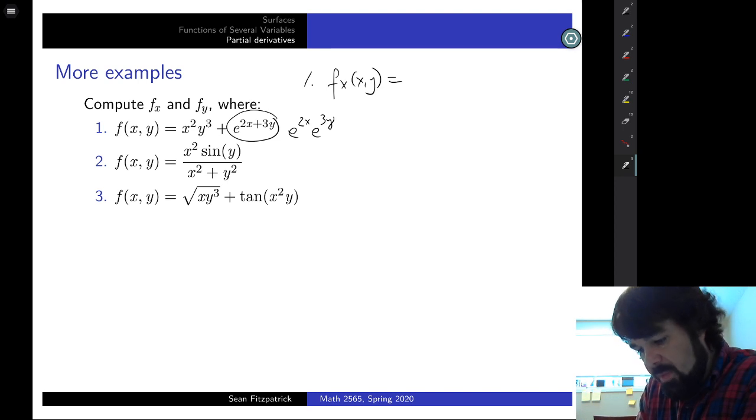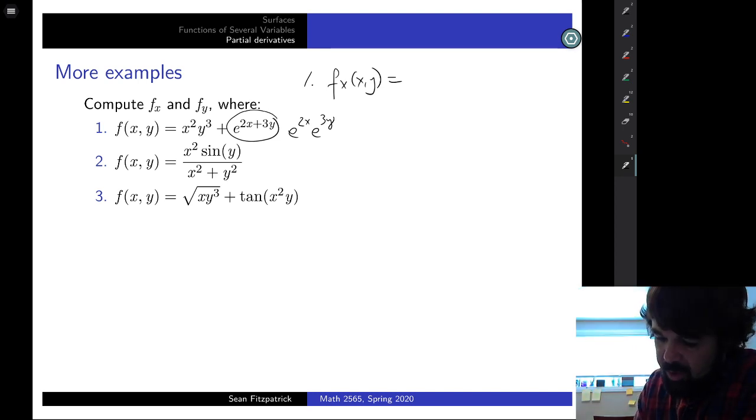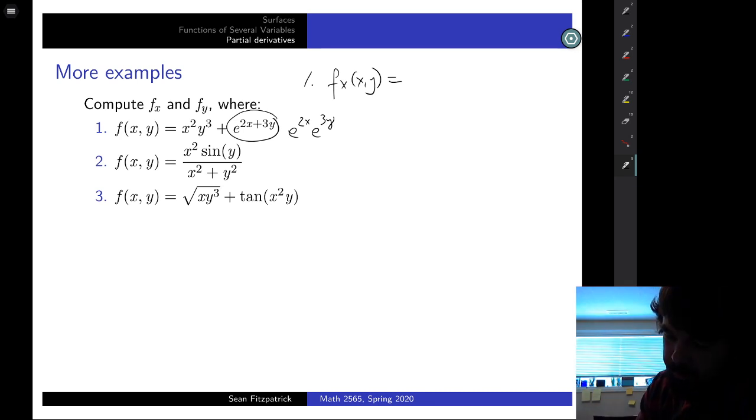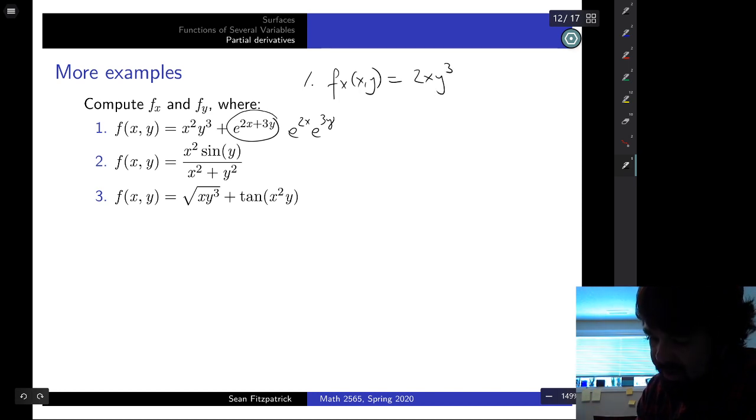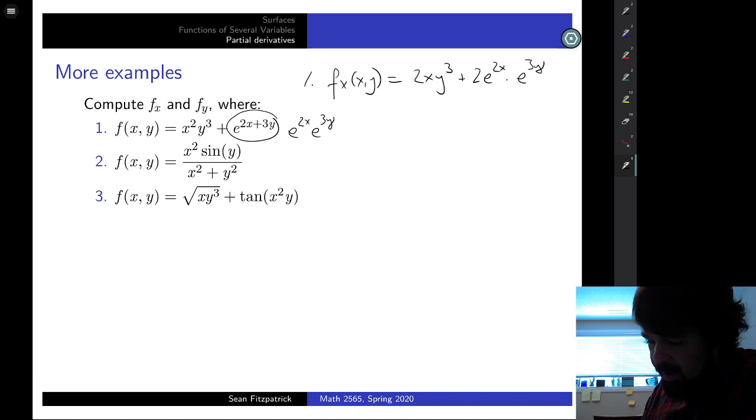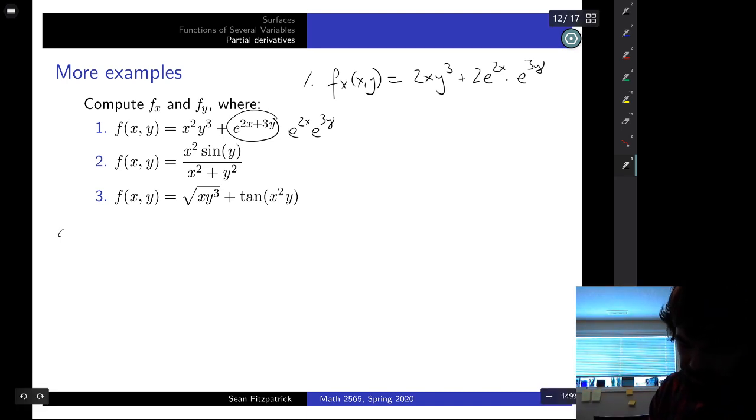Okay? And so if I'm taking the partial derivative with respect to x, well, in that first term, the derivative of x squared is 2x, and I just multiply by y cubed because I just treat that as a constant. The derivative of e to the 2x is 2e to the 2x, and then I'm multiplying by e to the 3y. Okay? And actually, let me just put it on the side, even if I did the partial with respect to x of e to the 2x plus 3y, regular chain rule still applies for partial derivatives.